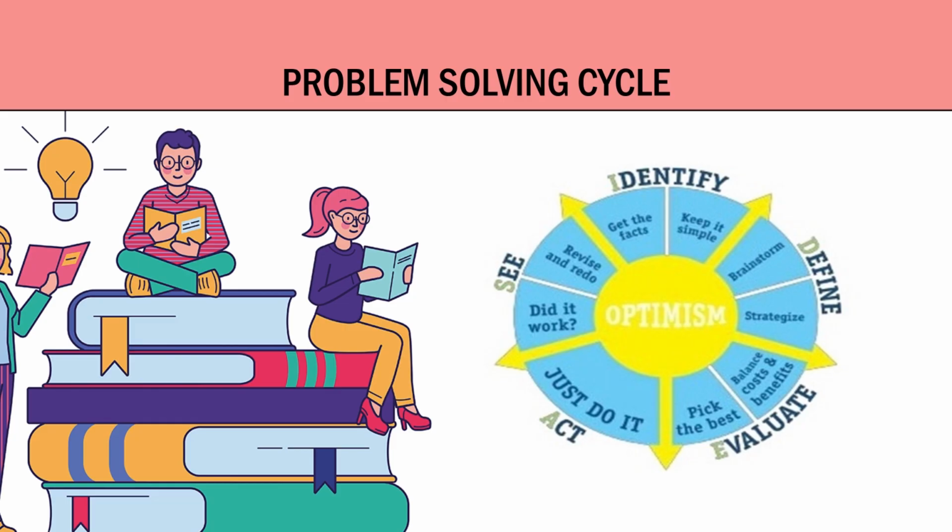So the problem solving cycle relates to different phases. We discussed that it is identification, definition, evaluation, action, and you see whether the problem solution is working or not, and repeat the steps in a similar manner if some rectification is required.